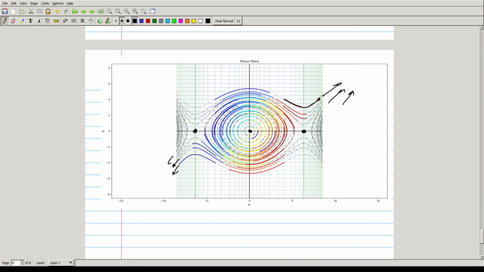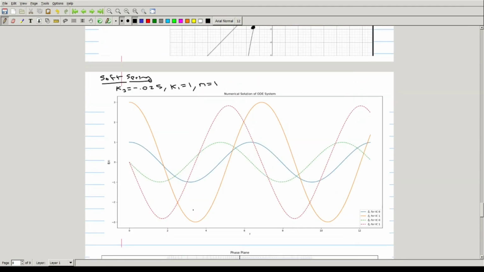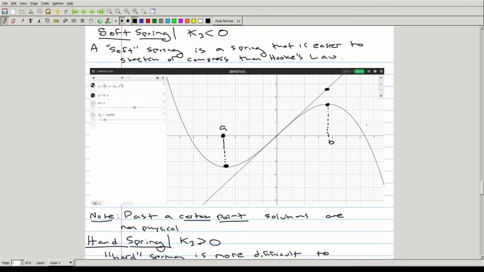These correspond to a non-physical solution to our system. It's when this function right here ends up being negative and positive right here.